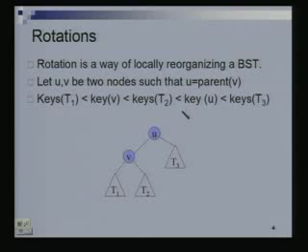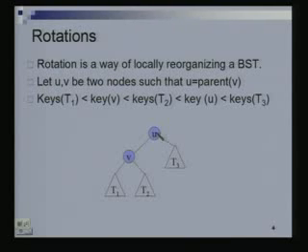Okay, so let's first understand what a rotation is. In the previous slide I used this term rotation. What does rotation mean? A rotation is a way of locally reorganizing a binary search tree. So this is part of my binary search tree. This could be a huge tree, I just considered a part of it.